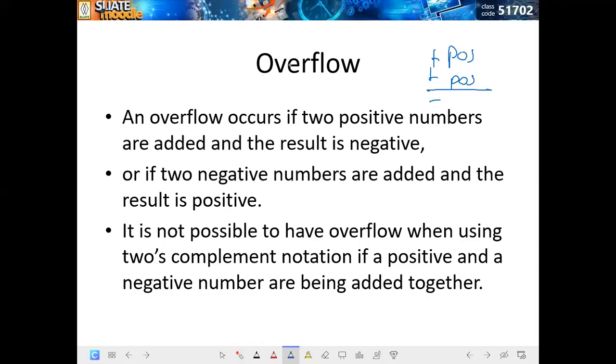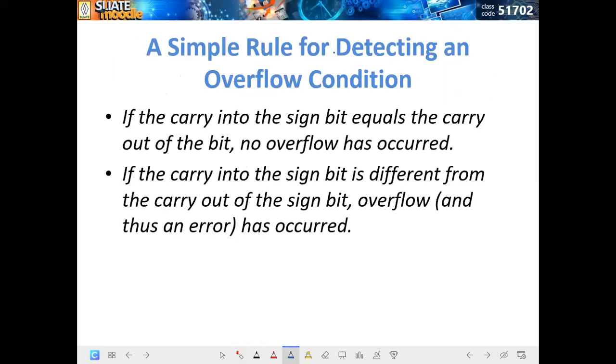This is one situation. Or you add negative to negative and you get a positive. Overflow can happen here, but you will not get such a problem when you add a negative to a positive number. This will be okay. You have to be careful in these two situations.